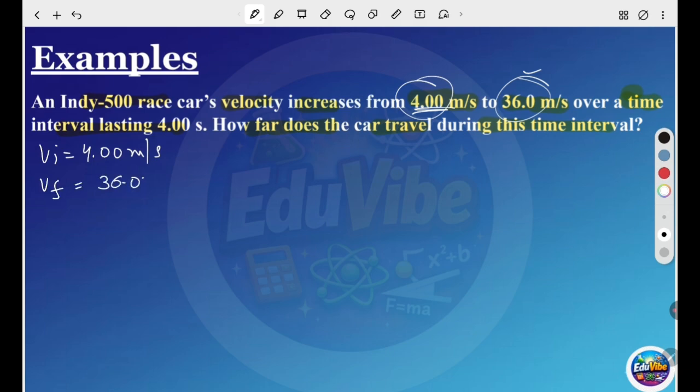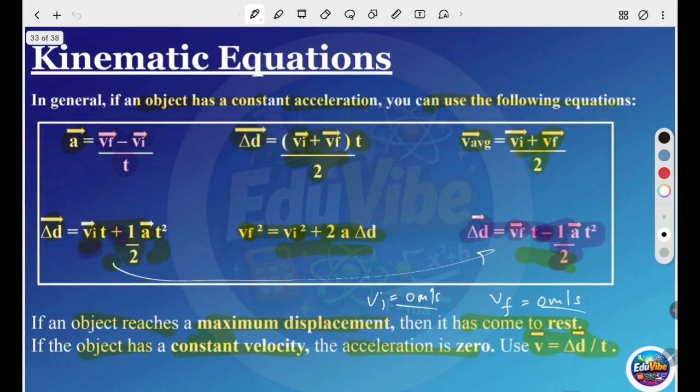They also give us the time interval, which is 4.0 seconds, so our t is 4.0 seconds. And how far does the car travel during the time interval? So we have to find the distance. From this set, which formula is best suited?